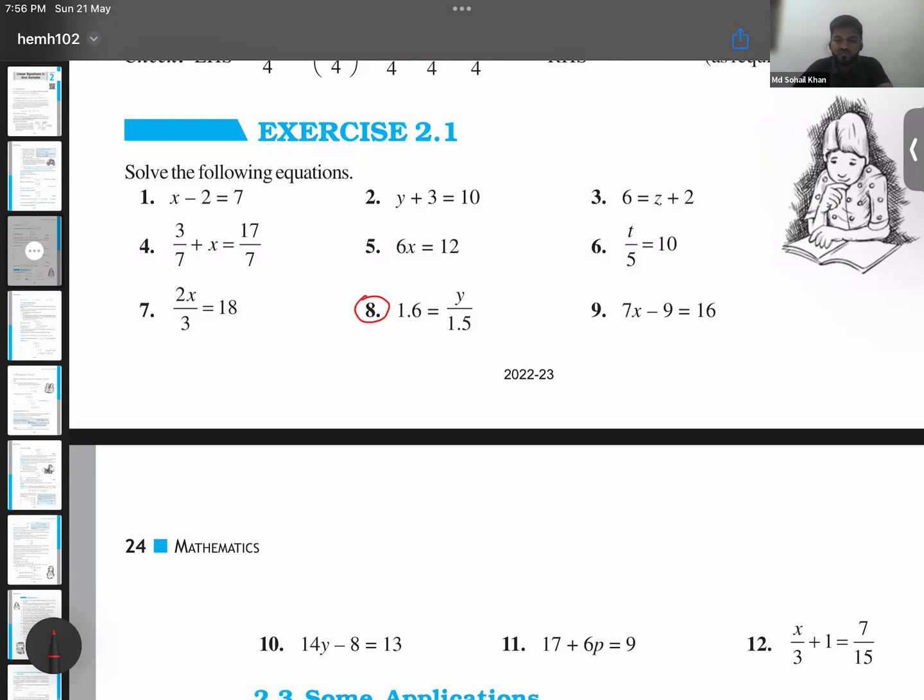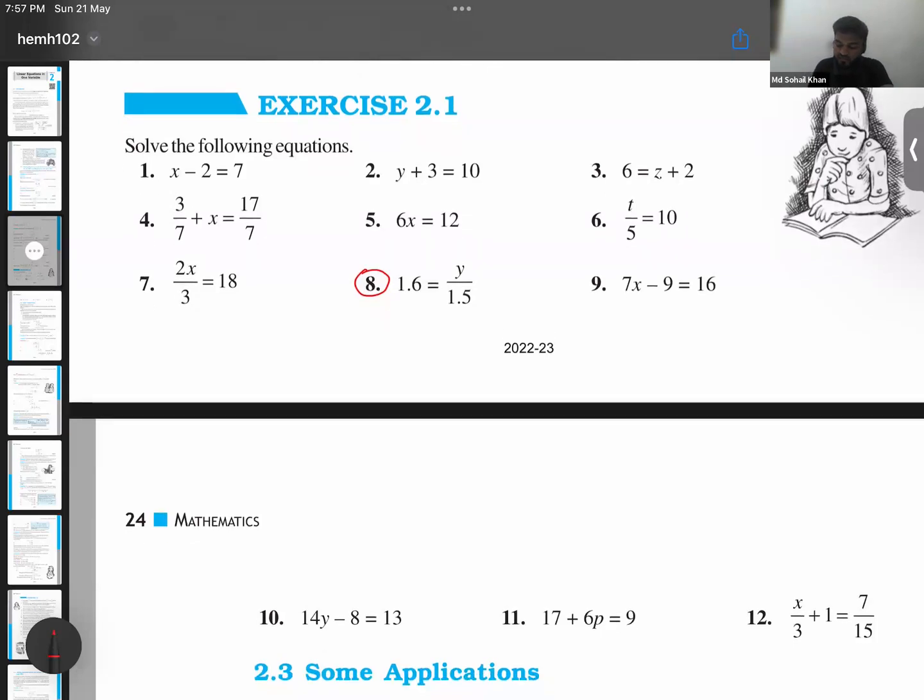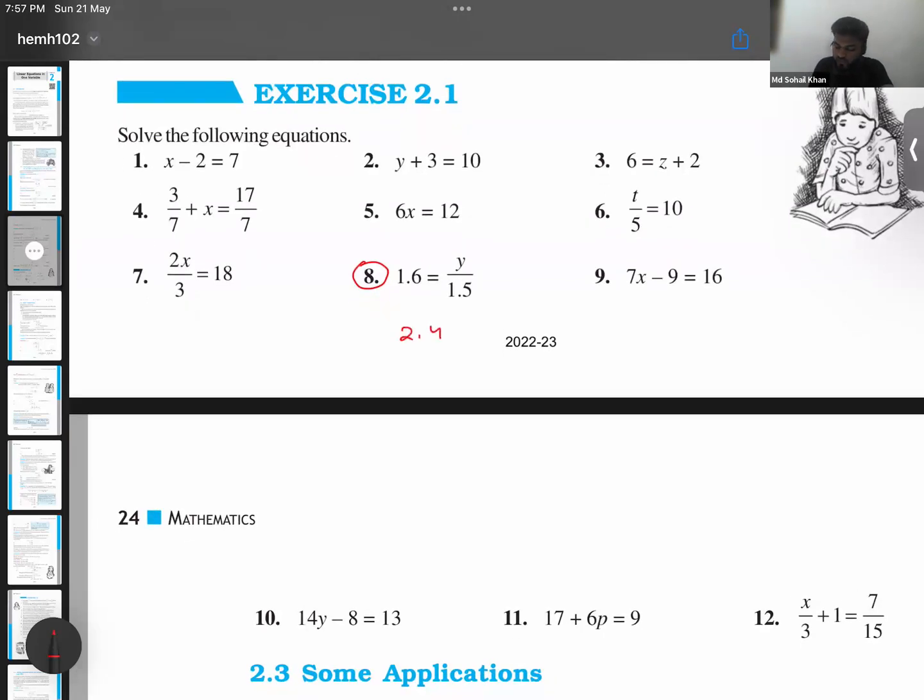Take your time. Sir, the solution is 2.4. Okay, very good, 2.4.